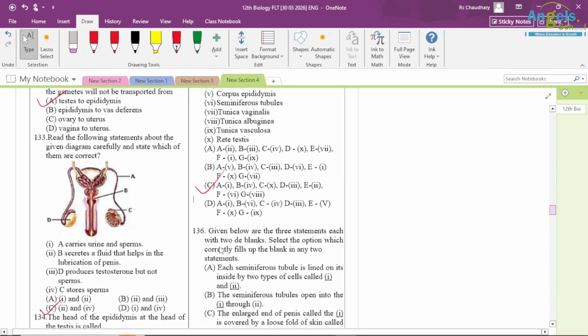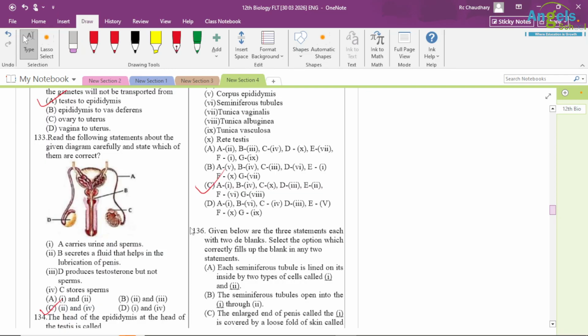Question number 136. Given below are three statements with some blanks. Each seminiferous tubule is lined on its inside by two types of cells called Sertoli cells and germ cells. Okay, so you have to match this.